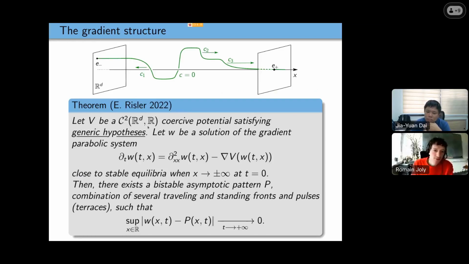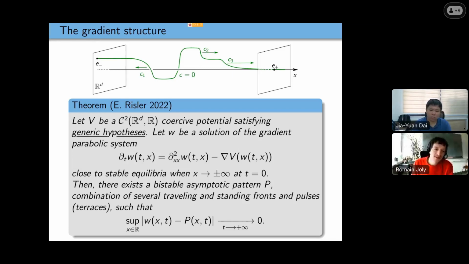So just consider again the parabolic system. So W is a vector. You have just the heat equation plus a nonlinearity coupling all the equations, all the components. And this nonlinearity is a gradient of some potential. So you assume that this potential is coercive, so it goes to plus infinity when the state goes to infinity.